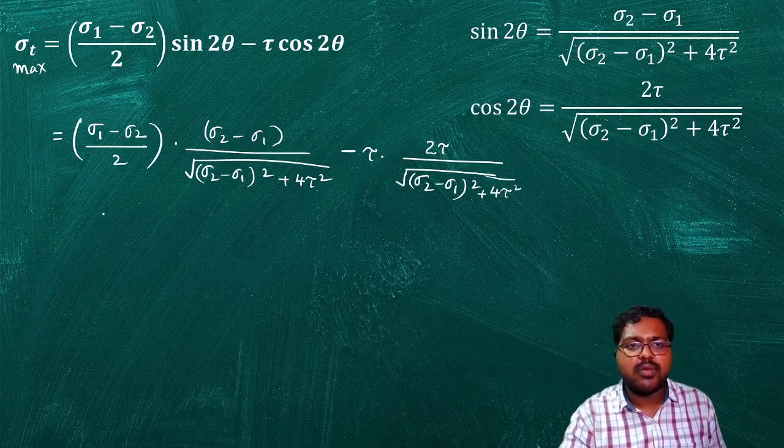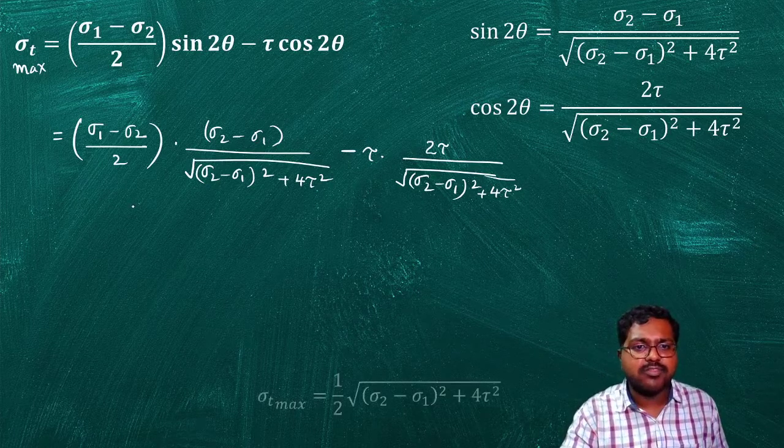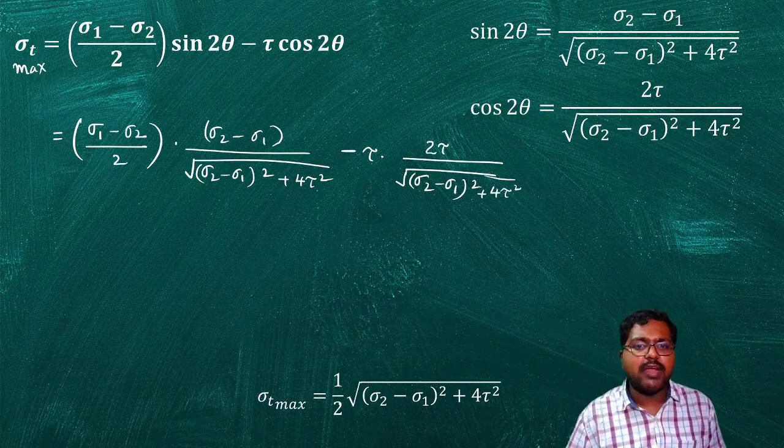So on further simplifying it, I will get the value of sigma t max as 1 by 2 into under the root of (sigma 2 minus sigma 1) whole square plus 4 tau square.